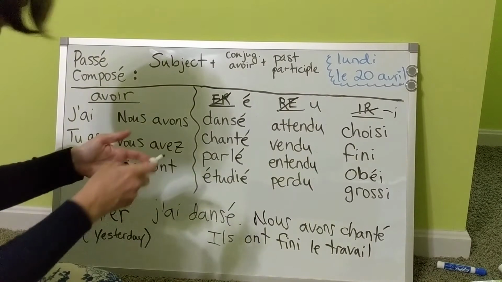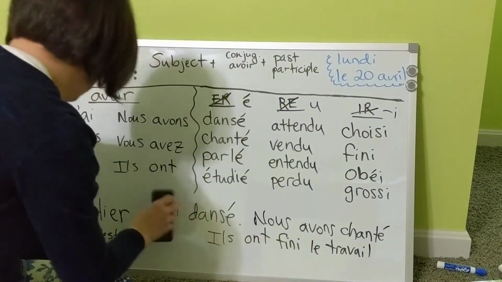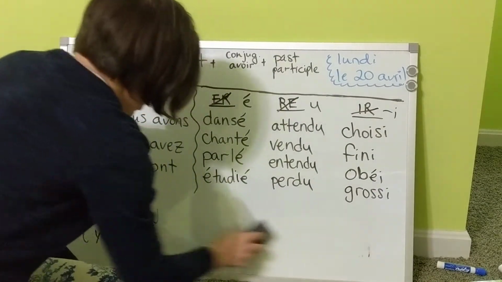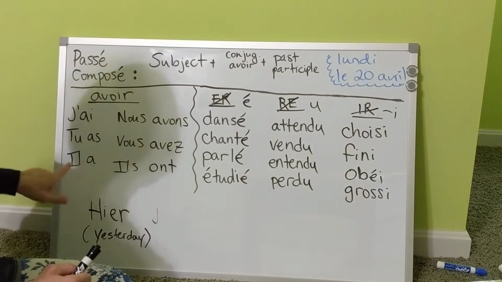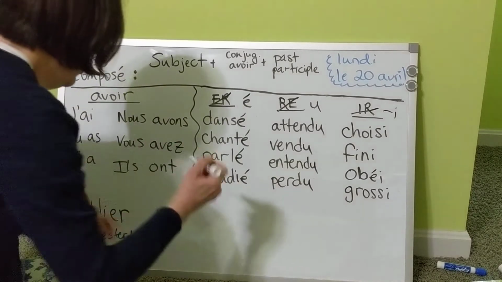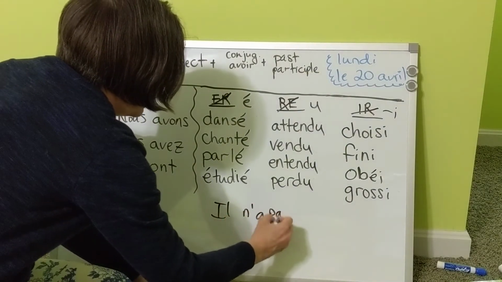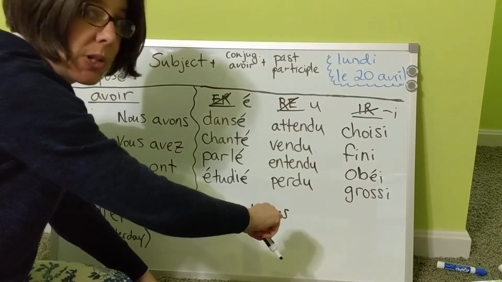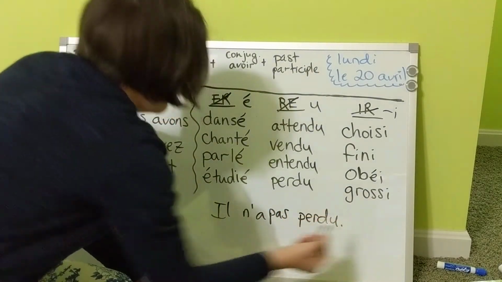Ça va? Okay, one other thing, if you should want to make it negative, then all you have to do is put ne and pas around your conjugation of avoir. So if I want to say, for example, he did not lose, I would have il n'a pas, and then you bring down your past participle after the pas, il n'a pas perdu.